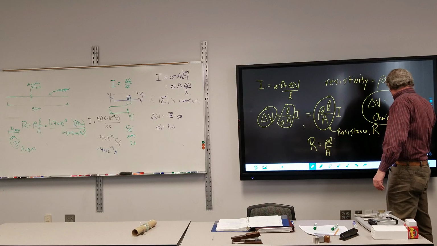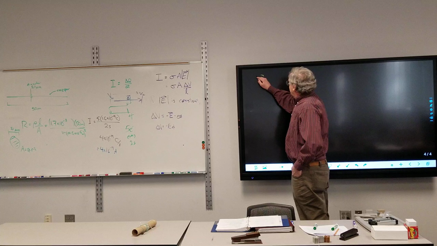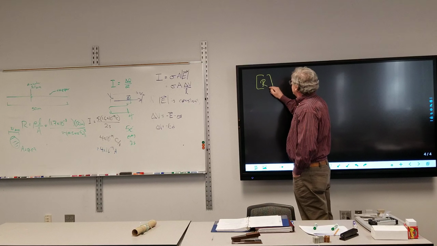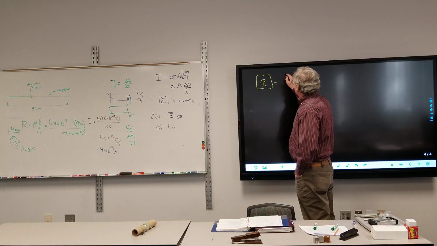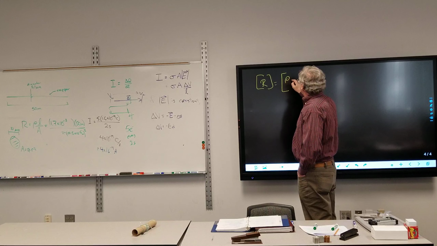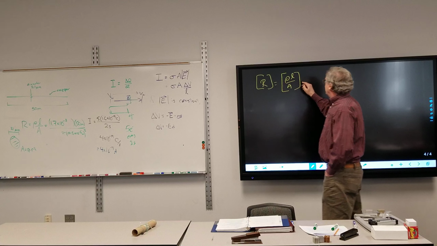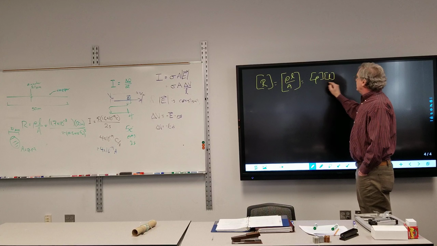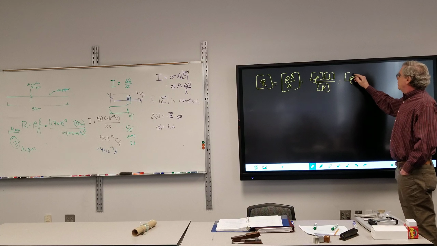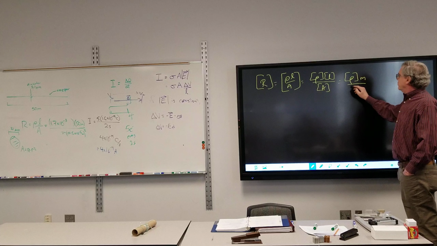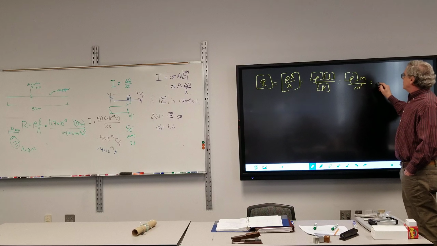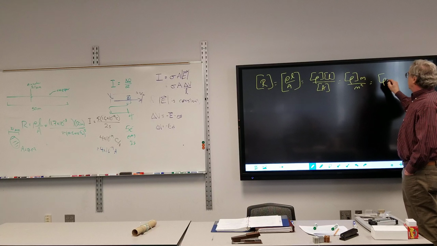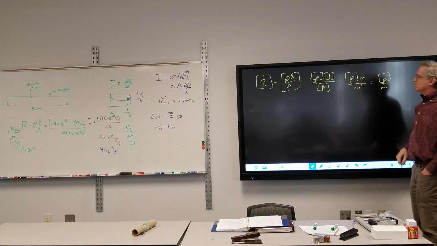So if we looked at the units of resistance, it is equal to the units of rho L over A, which is the unit of rho, times the unit of L, over the unit of A, which is the unit of rho, times meters over meters squared, which is unit of rho over meters.